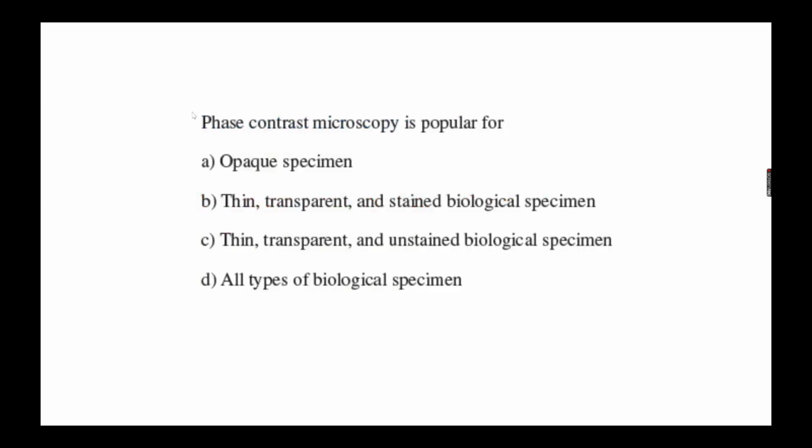Okay. So again, as I said, phase contrast microscopy is popular for what? Opaque specimen, thin, transparent and stained biological samples, thin, transparent and unstained biological samples, all types of biological samples. Can anybody give some view or opinion on why?